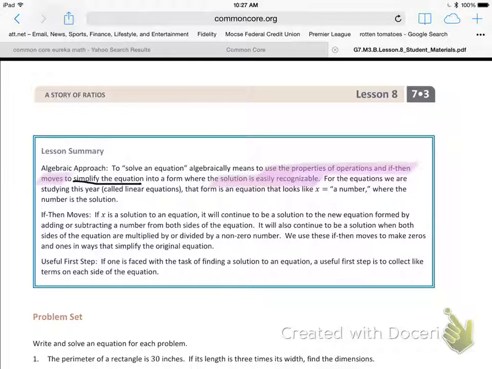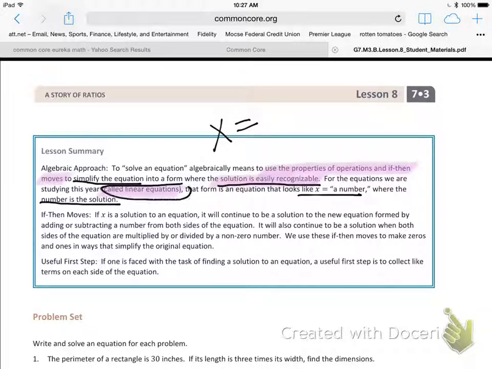We're trying to make it as easy as possible, getting down to the point where you have x equals some number, okay? So for the equations we are studying this year, and all of our equations are called linear equations, okay? And like I just said, we're trying to get it to a point where x equals a number, okay? And where that number is the solution, okay? And again, linear equations.